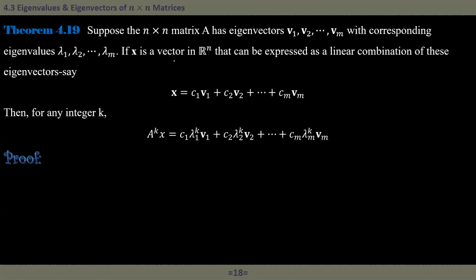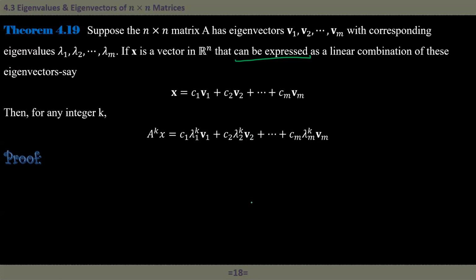We are not sure actually; that means that it's not for every vector. If such a vector exists and it's possible to express this x as a linear combination of these eigenvectors, then for any integer k, A to the power of k x equals c1 times lambda 1 to the power of k v1, plus c2 times lambda 2 to the power of k v2, plus dot dot dot, cm times lambda m to the power of k vm.